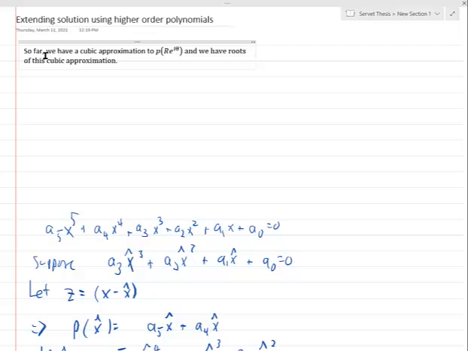Let me think about this for a second. So what we have is we have the midpoint. The midpoint of the interval is called phi, I think.